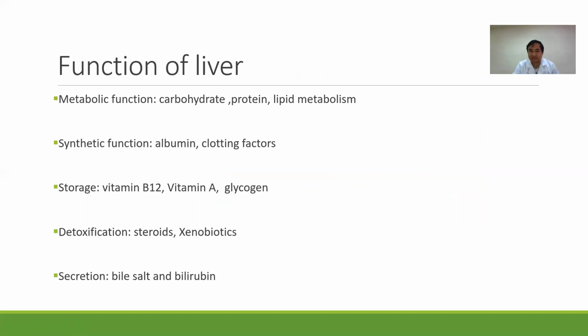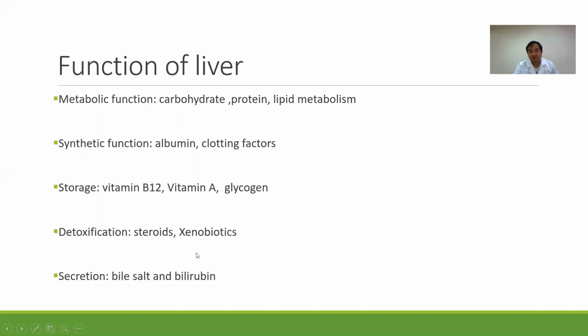So if someone has liver disease, they can have clotting factor deficiency and can present with some features of coagulopathy. Similarly, the liver can store vitamin B12. The normal storage of vitamin B12 in our body lasts up to 3 to 4 years. It can even store vitamin A and glycogen.